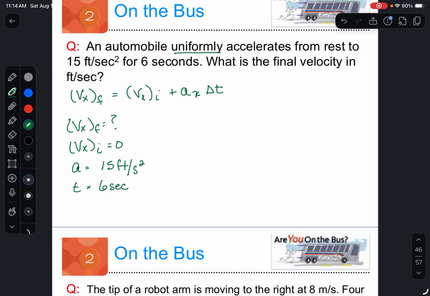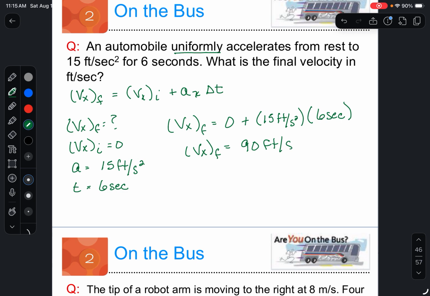So we can use our first formula for kinematic equations. Vx final is Vx initial, 0, plus our acceleration, 15 feet per second squared, times 6 seconds. And that's going to give us a value of Vx final equal to 90 feet per second.